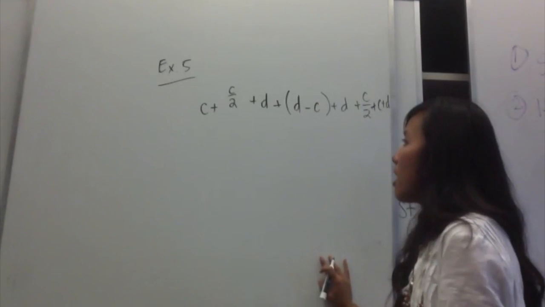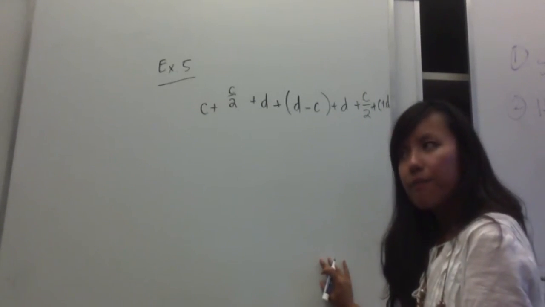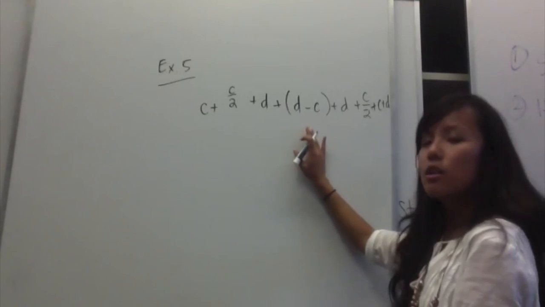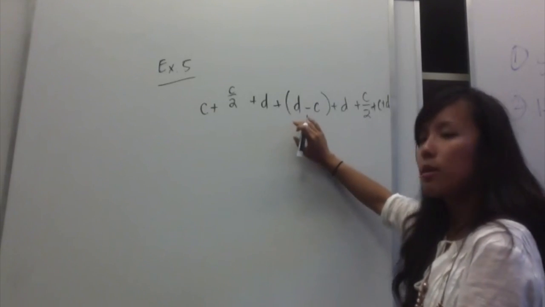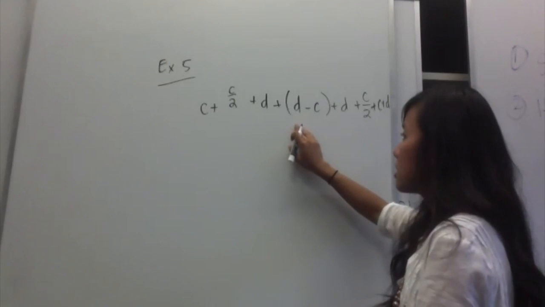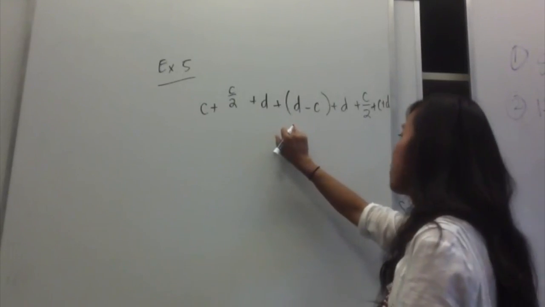Okay. So now let's simplify. It's a little hard, but we can do this. So first, PEMDAS, right? We have to go with the parentheses. Let's simplify this first. Let's get rid of it if we can.